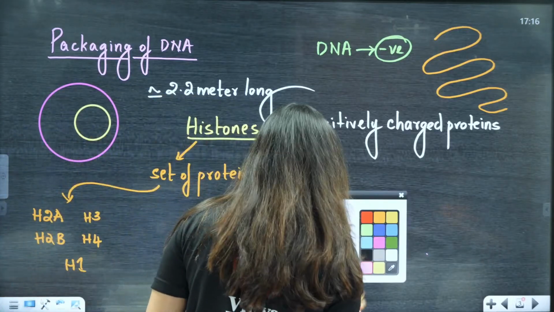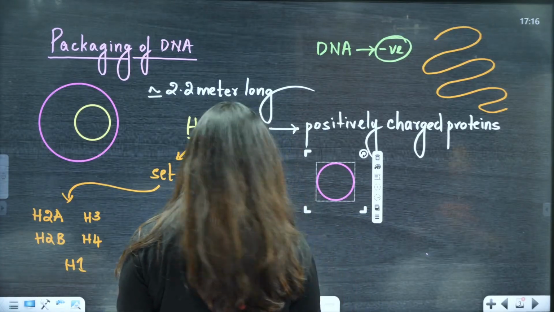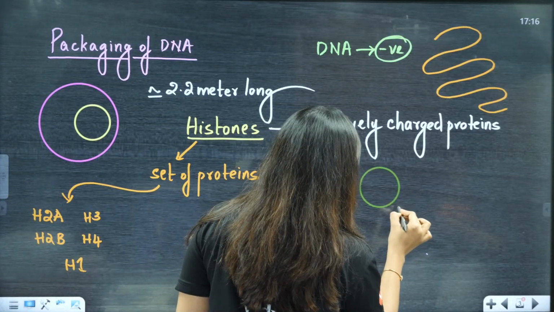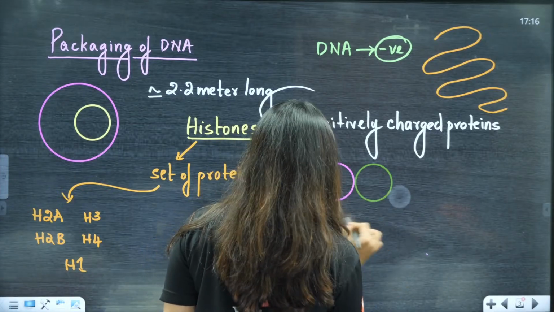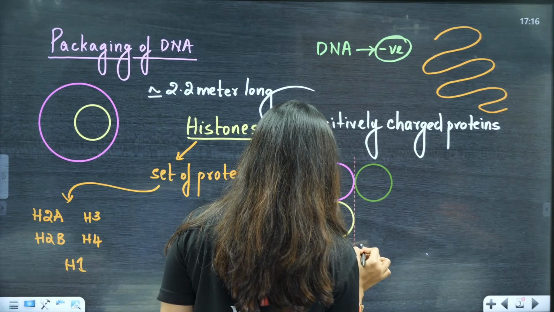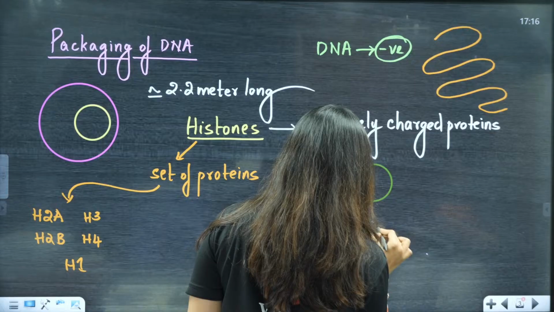So look here, see, this is your one protein. Let's consider this as H2A, one color. H2B, one color. H3, one color. Then H4, one color.